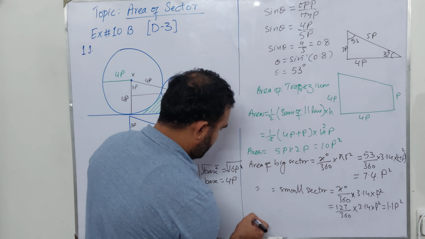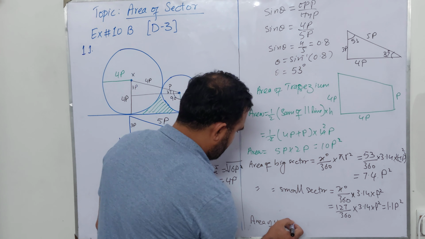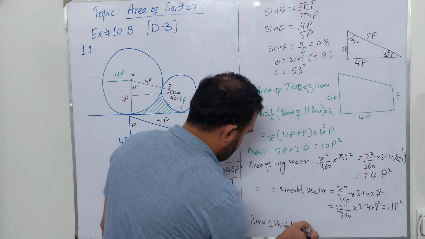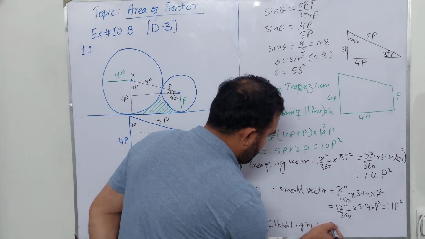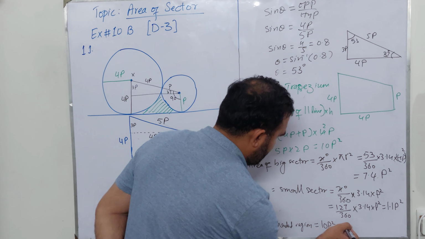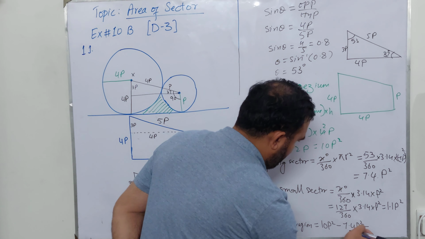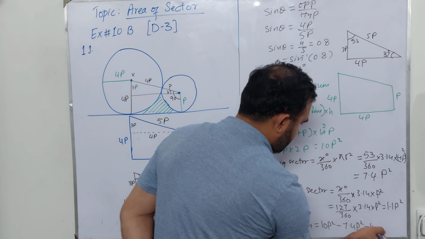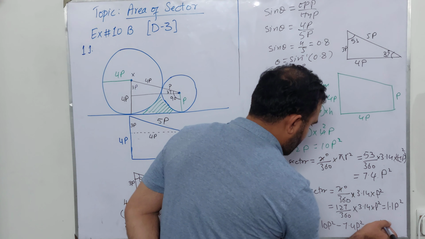So the area of the shaded region is the area of the trapezium, which is 10p square, minus the area of the big sector, which is 7.4 p square, minus the area of the small sector, which is 1.1 p square.